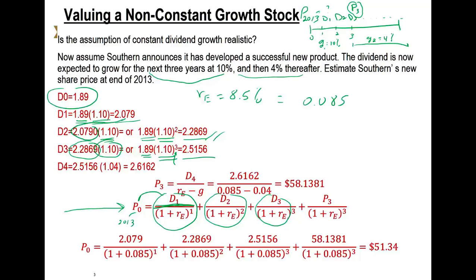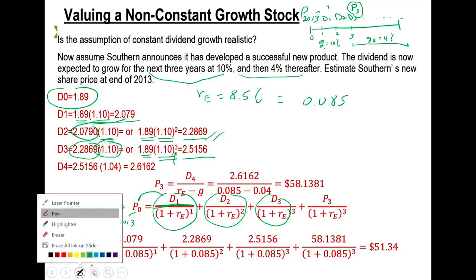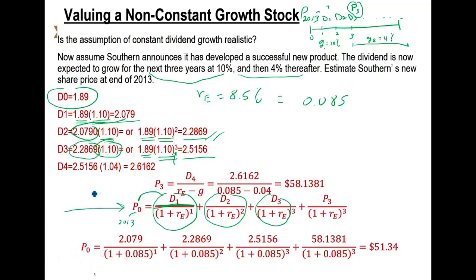So what is the representation of all those dividends? Well, we can find the price at year 3, P sub 3. And let me change the color to blue so that we can see the difference. This is what we're after now. This is P sub 3. P sub 3 is the present value of all dividends after year 3.